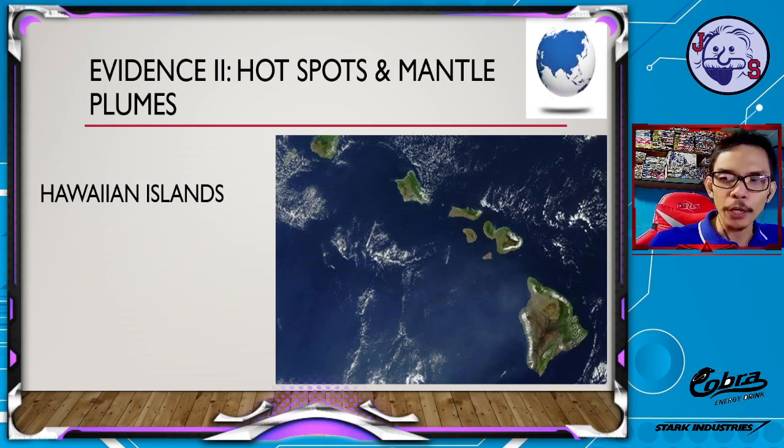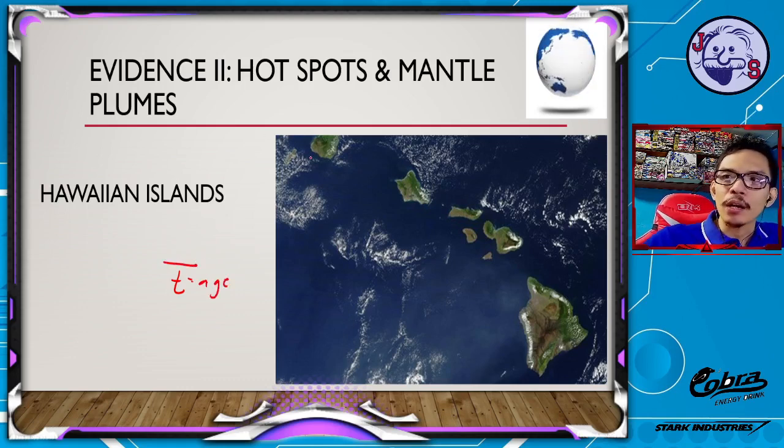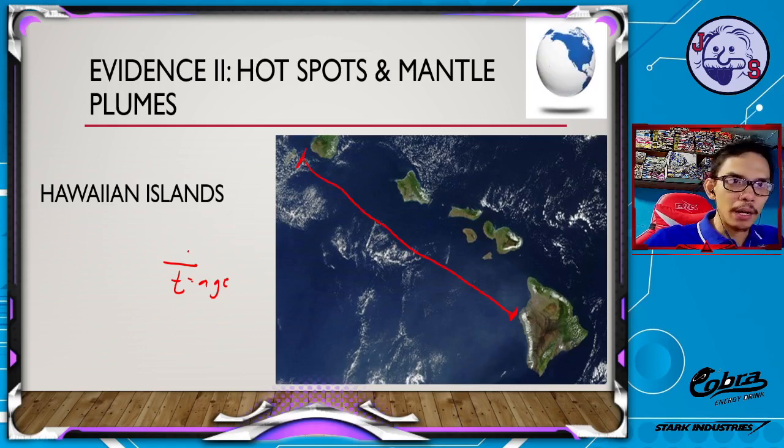Now, how do we use these islands as the reference for the rate of movement of the plates? You can use the age of the island as time. Above it, you can measure the distance from this island to this island, and the data that you will gather there will be the distance.